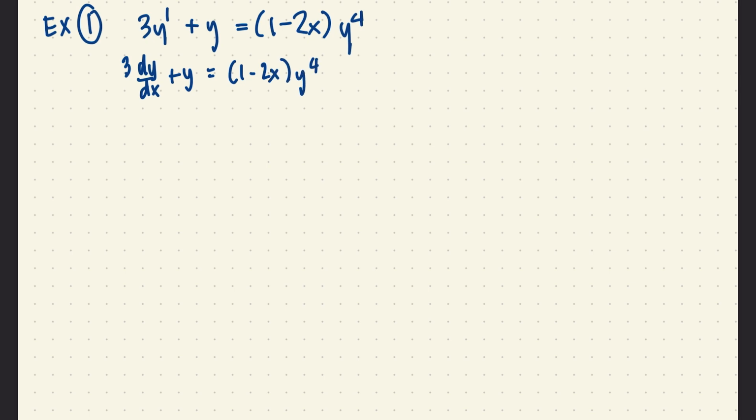So, from y prime or dy over dx, which gives us a clue, we can test it as Bernoulli in x or Bernoulli in y. Since it's dy over dx, you can test it as Bernoulli in y.